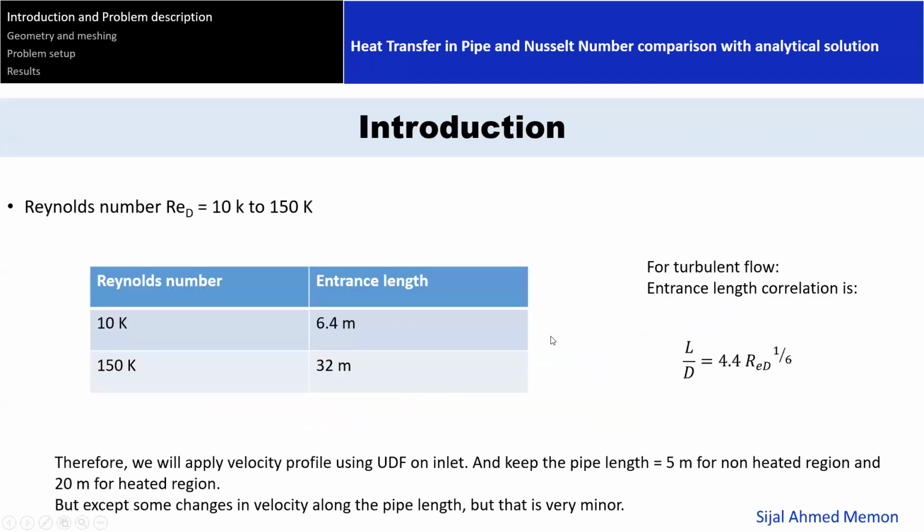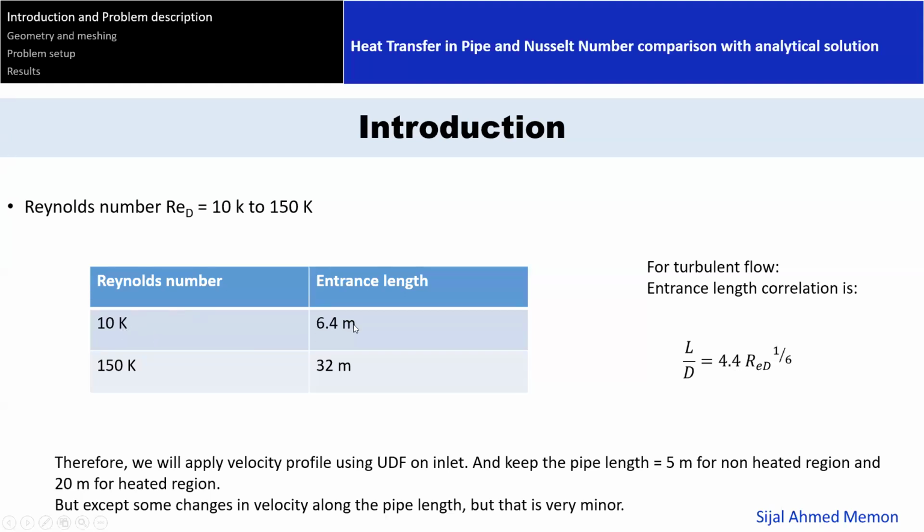Okay. So if I don't model my pipe with the help of the velocity profile through UDF, then imagine I'm going from a Reynolds number of 10K to 150K, with this correlation and keeping the diameter equal to 1 meter. So put the Reynolds number here, raise it to the power 1/6 and multiply by 4.4.